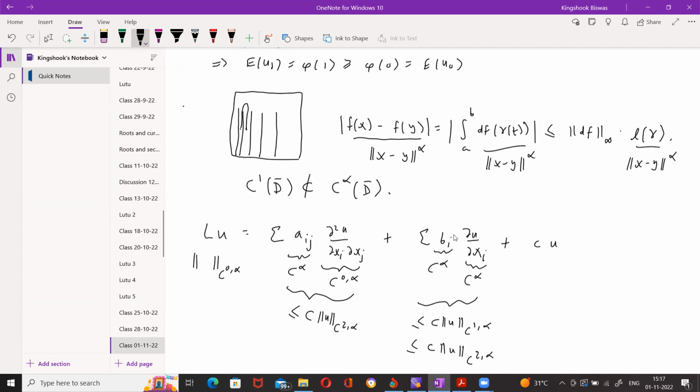And then the last term is just bounded by the C0 norm, so this is less than a constant times the C0 norm. And of course, the C0 norm is bounded by the C2 alpha norm, right? So all of them are less than a constant times the C2 alpha norm. So when you add up, the sum is bounded by a constant times the C2 alpha norm. Is this okay? Yes, sir.